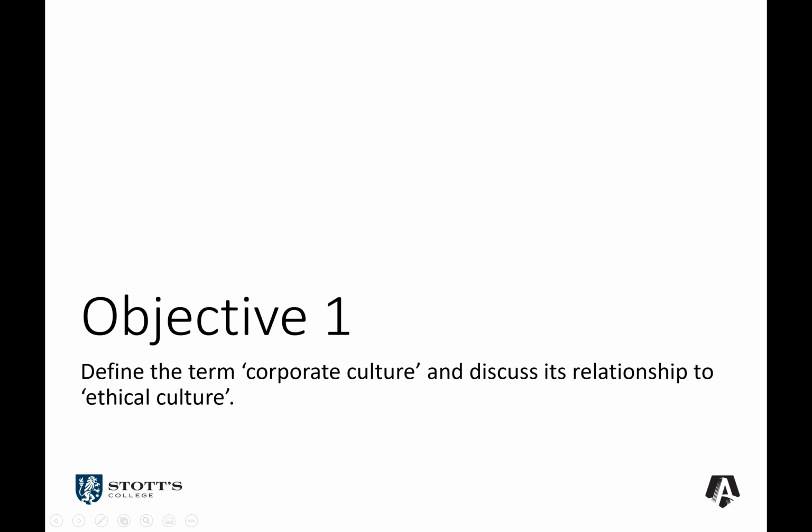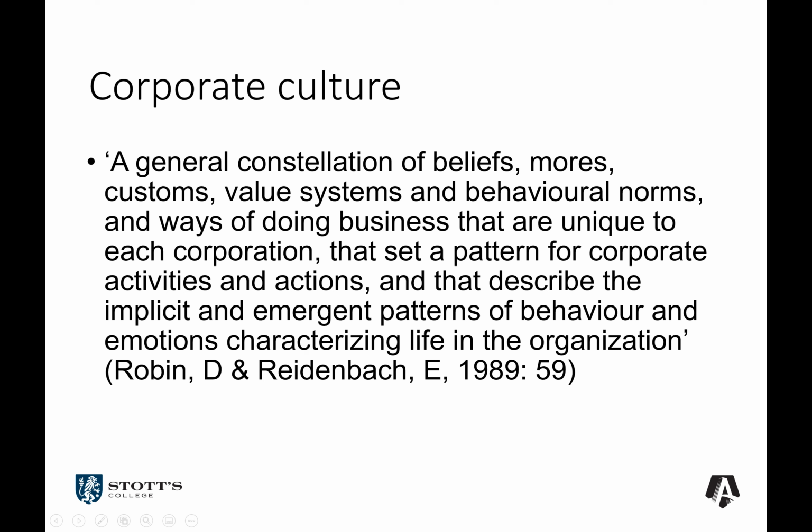So, Objective 1: define the term corporate culture and discuss its relationship with ethical culture. In this course, we're going to use the Robin and Reidenbach definition of corporate culture: a general constellation of beliefs, mores, customs, value systems, behavioural norms, and ways of doing business that are unique to each corporation, that set a pattern of corporate activities and actions, and that describe implicit and emergent patterns of behaviour.